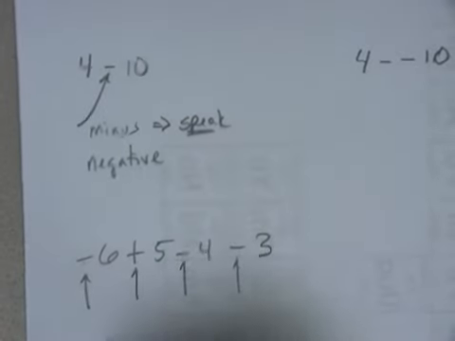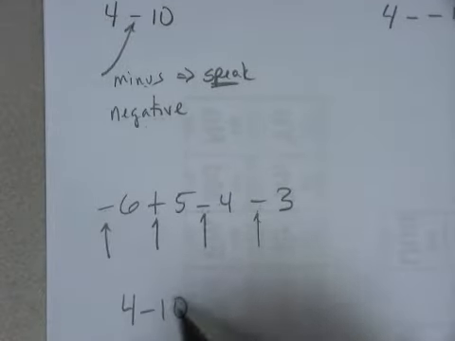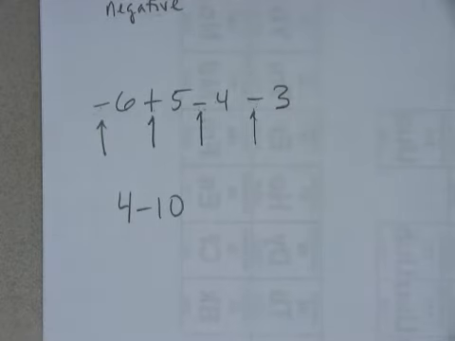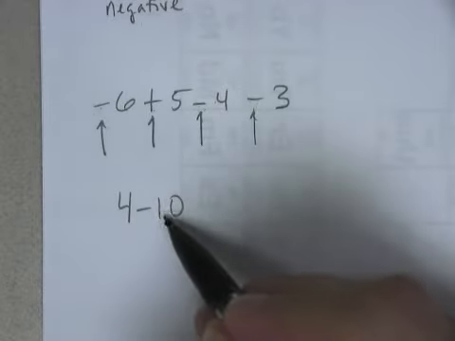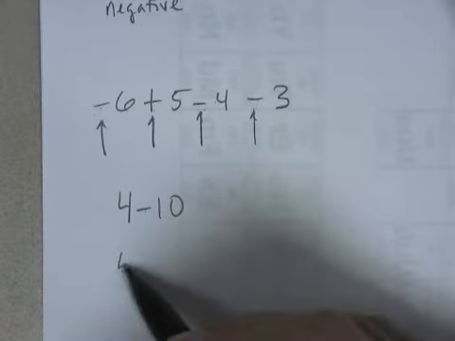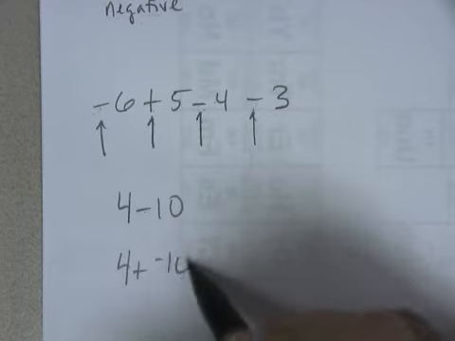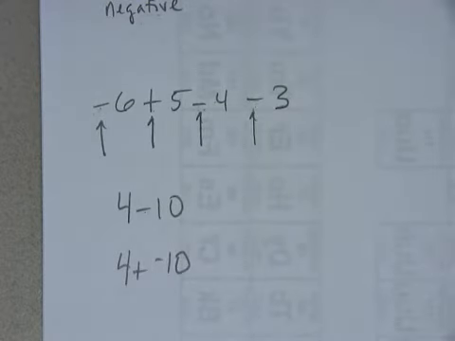All right, let's go back up to this one. Let's rewrite it, and let's work with it down here. I say it's 4 minus 10. That's how I say it. But if I ask you the sign of that 10, it's really a negative sign. What you need to know is this, that I can really rewrite that as 4 plus a negative 10. So there's actually two ways of saying this problem.